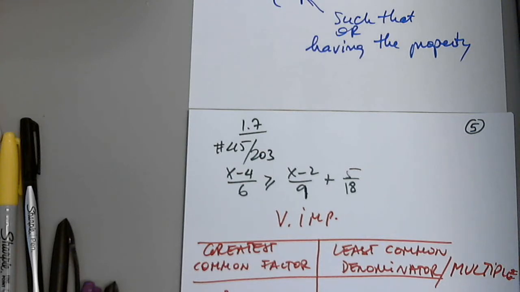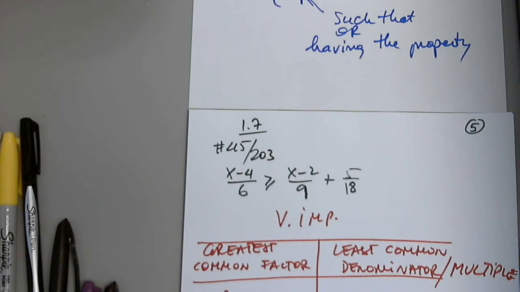It's the smallest number, I shouldn't say the largest, the smallest number that is divisible by all 3. Not the largest number that goes into 3, 6, 9, and 18, but the smallest number that I can divide all 3 by, and I get a number.